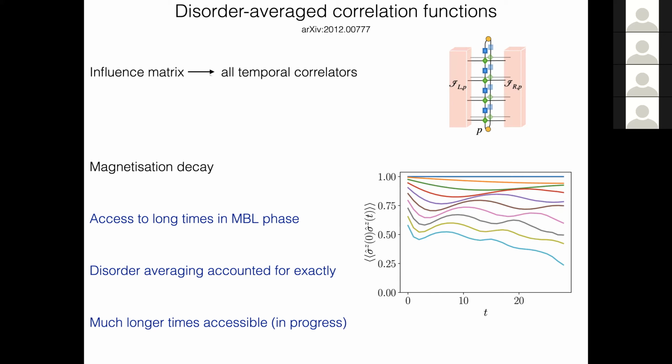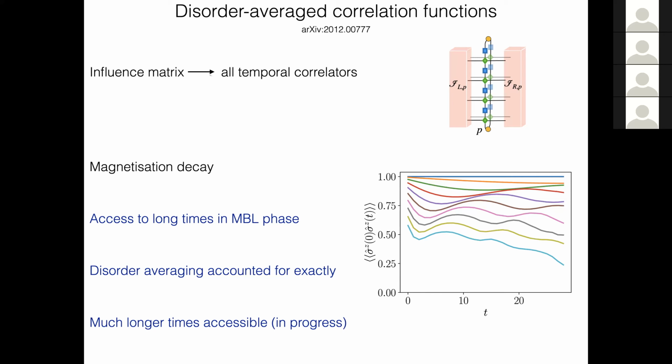It saturates when disorder is strong, so that suggests MBL, and then it decays when disorder gets effectively weaker. Because the temporal entanglement is low, this gives access to long-time dynamics in the MBL phase, with this nice feature that you're already computing disorder-averaged quantities.